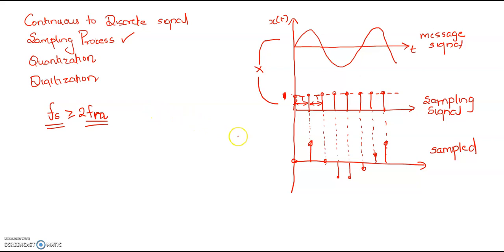Now when we connect these dots, we can see that we are getting a wave that is similar to the sine wave. Even if I cannot say that it is exactly the original signal, we can see that this approximation is almost similar to that particular message signal.